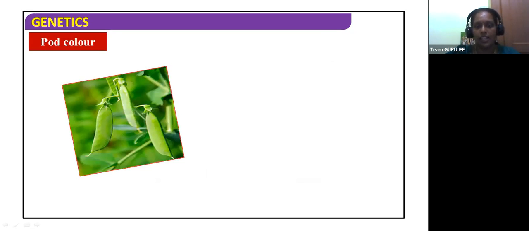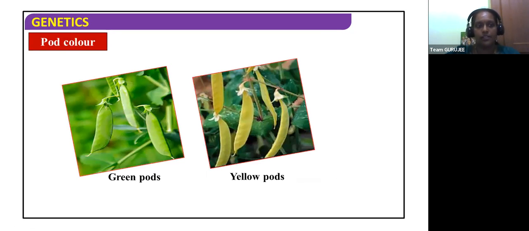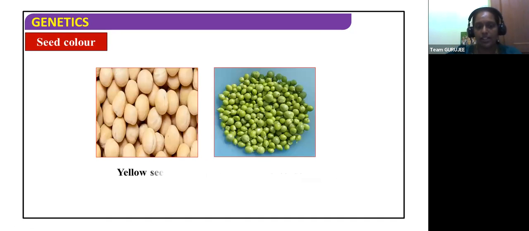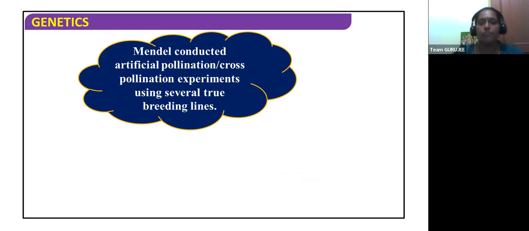Pod color green and yellow. Seed shape is round and wrinkled. Seed color is yellow and green. Okay. So Mendel conducted artificial pollination, that is cross-pollination experiments, using several true breeding lines. Now the question is, how did he know that it was a true breeding line?